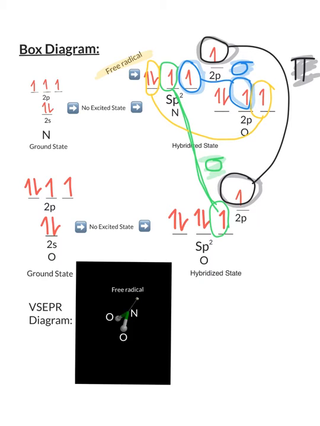And I also included the VSEPR diagram right here, just for reference and to see, once again, the free radical, and to have it as a reference when drawing the box diagram. You can see the bonding between the nitrogen and the oxygen, as illustrated in the box diagram. So this is the completed box diagram.